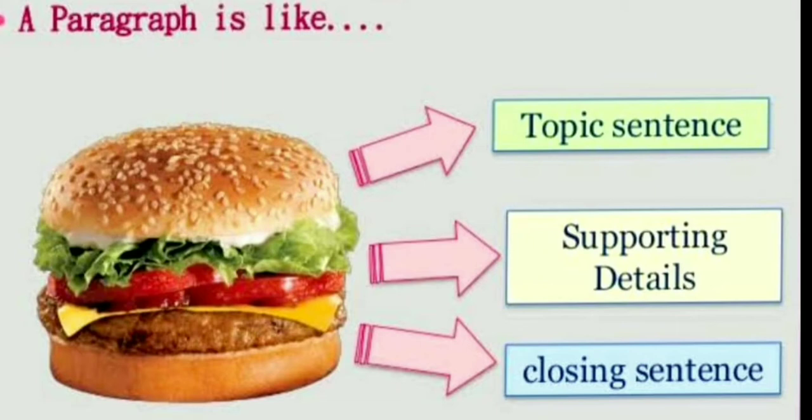The topic sentence is the top one, the supporting details are the middle one, and the closing sentence is at the last. As we see in the burger, we have a top bun, then the vegetables as the supporting ones, and the last bun, which is the closing one.